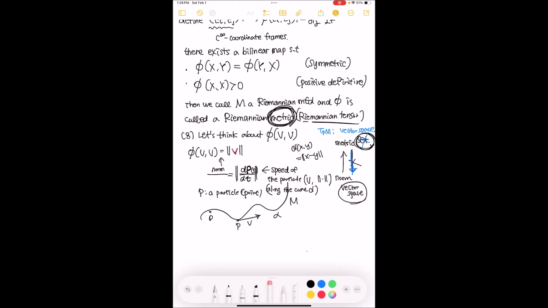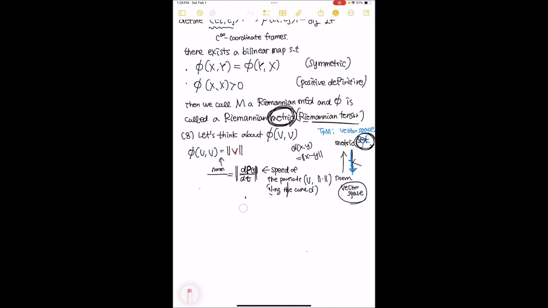And if we know the curve alpha, it is also written as alpha prime of t. That corresponds to the speed of the particle along the curve alpha on a manifold M. So if you know the trace of the particle, we can compute the total length if two points are fixed.